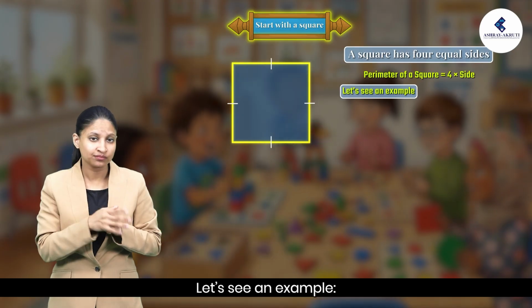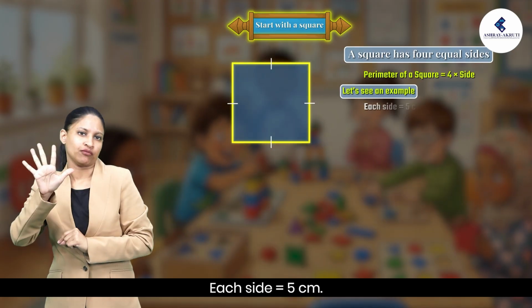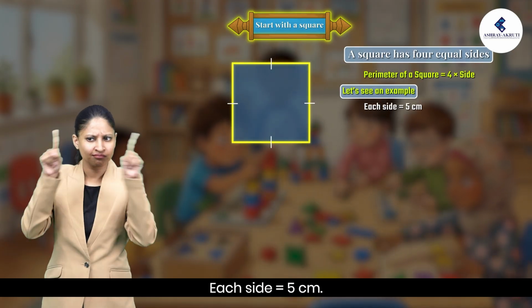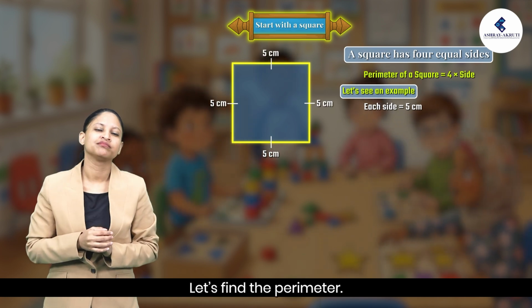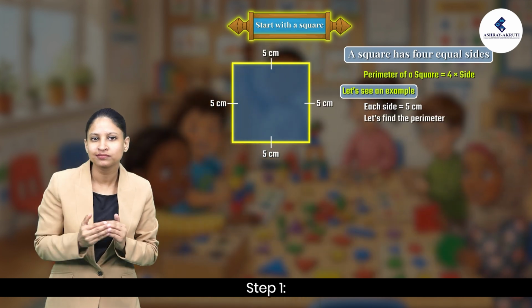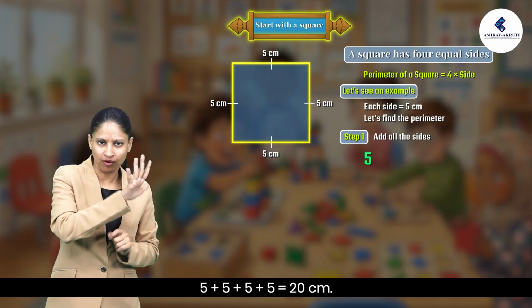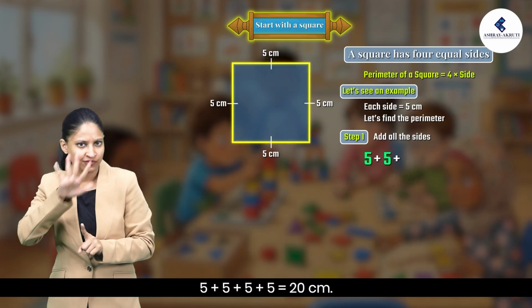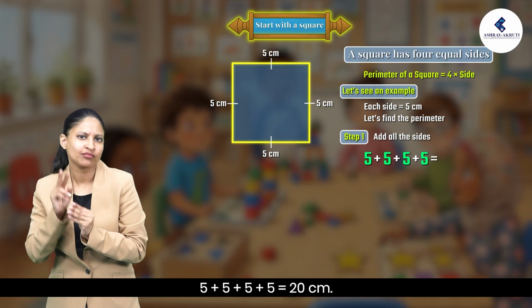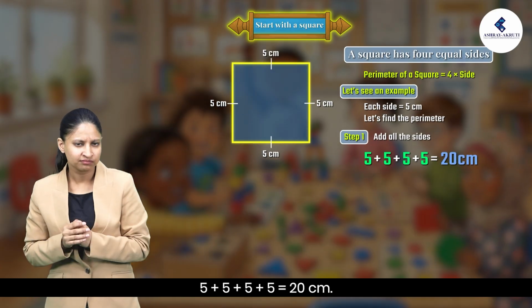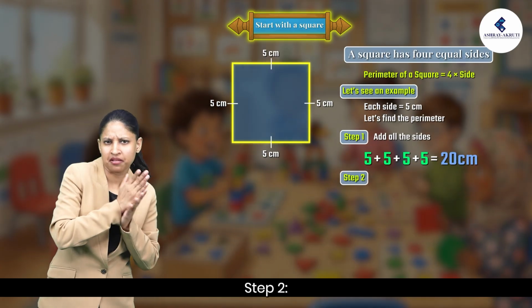Let's see an example. Each side is equal to 5 cm. Let's find the perimeter. Step 1. Add all the sides. 5 plus 5 plus 5 plus 5 is equal to 20 cm. Step 2.